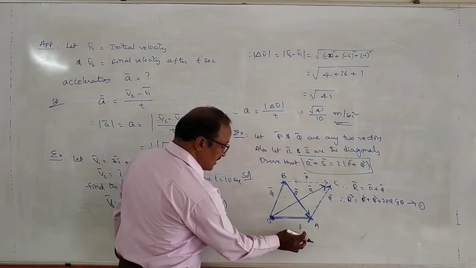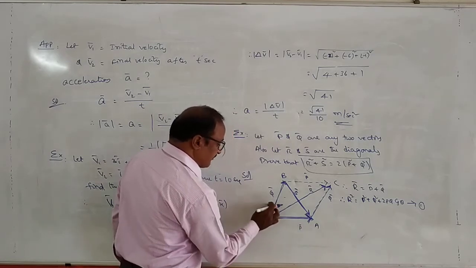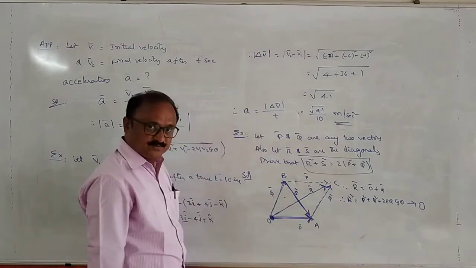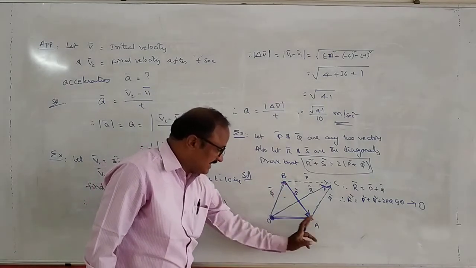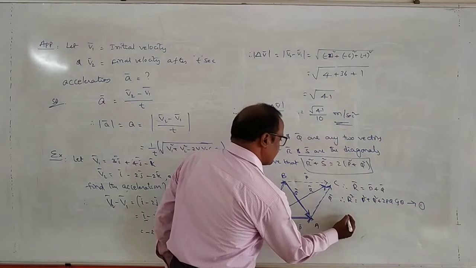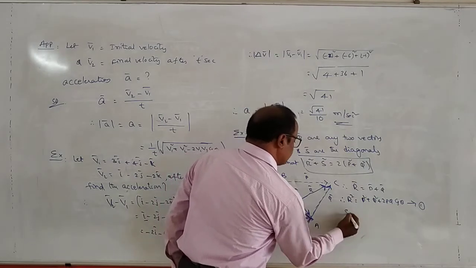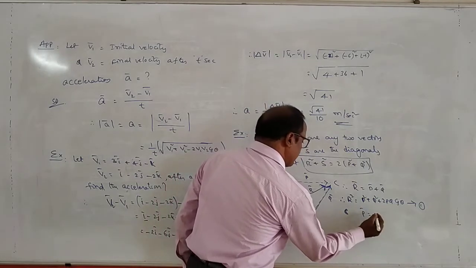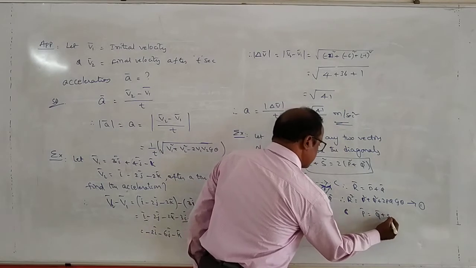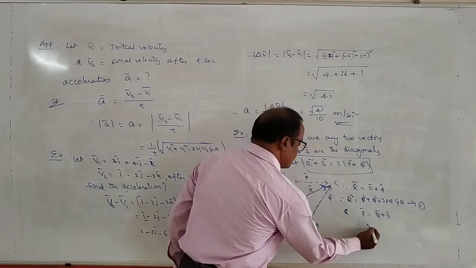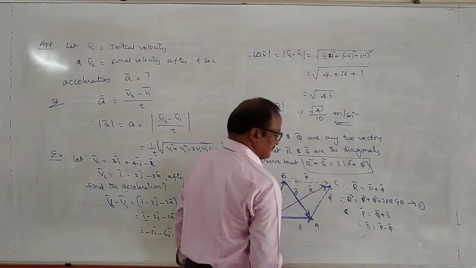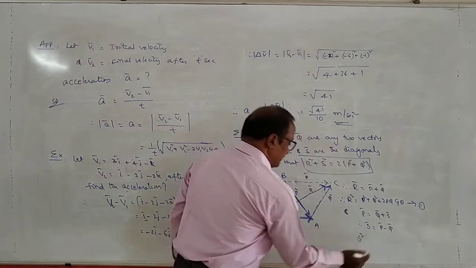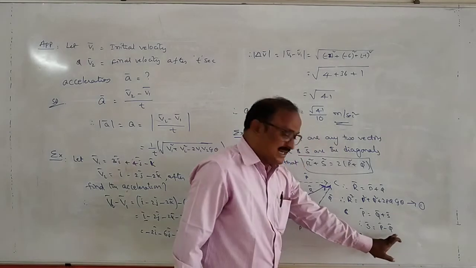That means p bar is the resultant of q bar and S bar, so p bar is equal to q bar plus S bar. From this, S bar is equal to p bar minus q bar. Then S bar is the resultant of p bar minus q bar.